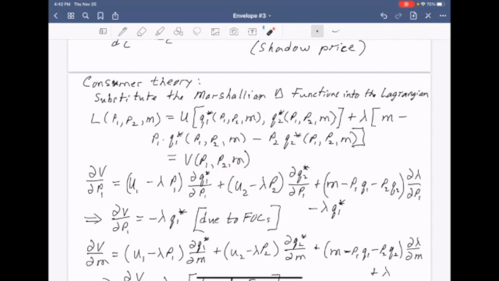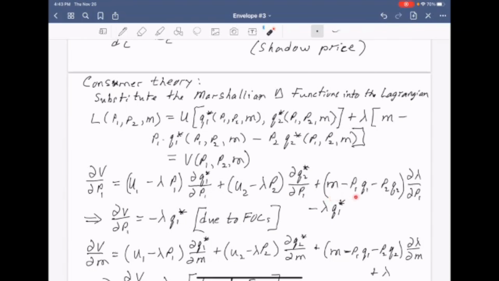p2, and m. So we take the partial of the value function, the maximum value function, with respect to p1, and that gives us the marginal utility of 1 minus lambda, the price of 1, multiplied by the partial of the Marshallian demand function with respect to p1, and we get the same kind of result for the second good, where we get the marginal utility of the second good minus lambda times the price of the second good, that whole expression multiplied by the partial of the Marshallian demand for the second good with respect to p1.